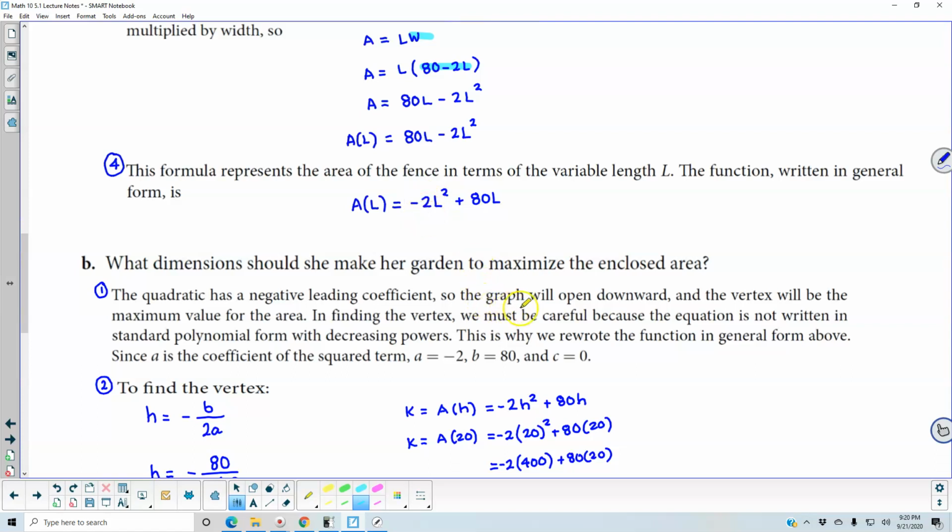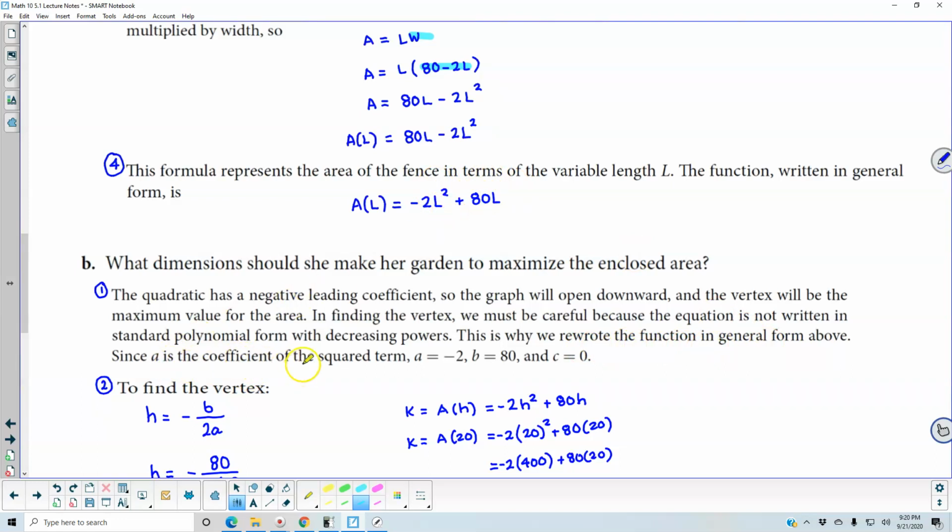So we know the graph will open downward, and the vertex will be the maximum value for the area. In finding the vertex, we must be careful because the equation is not written in standard polynomial form with decreasing powers. This is why we rewrote the function in general form above.